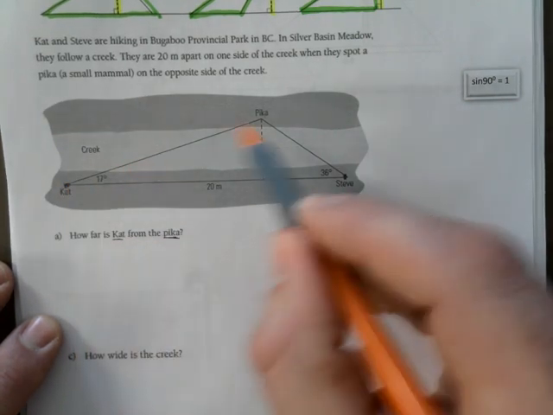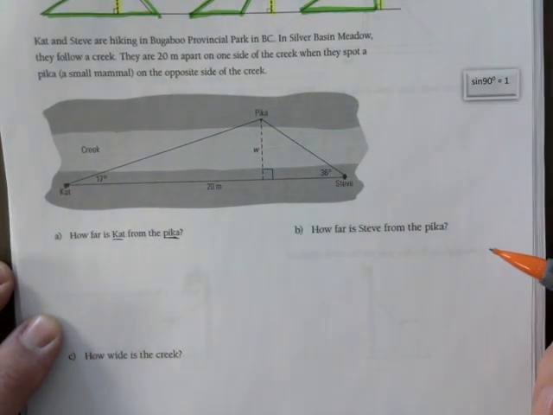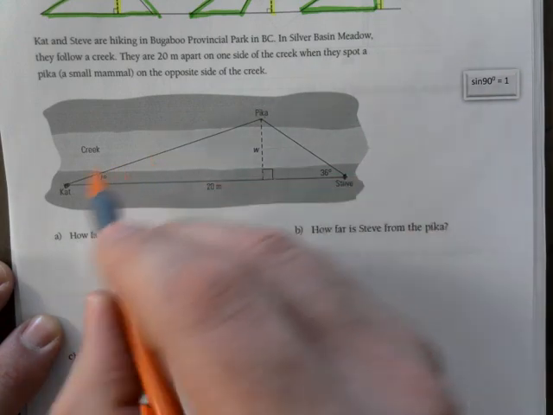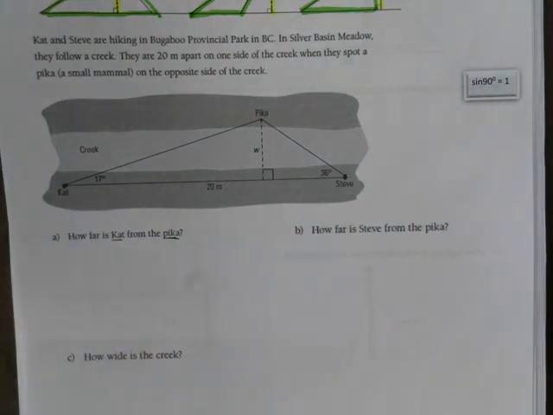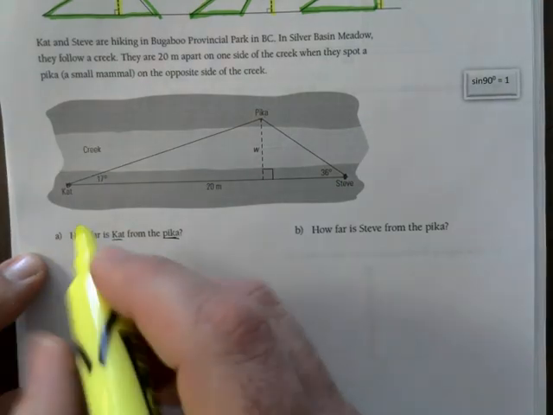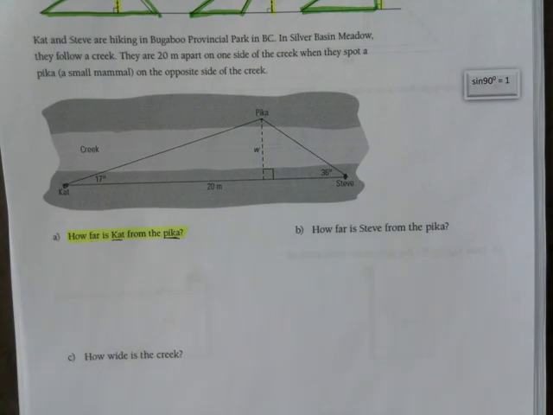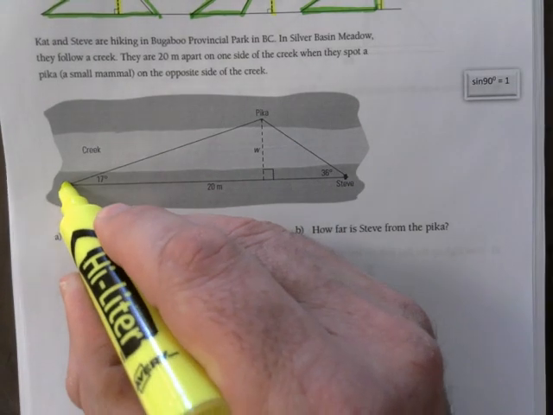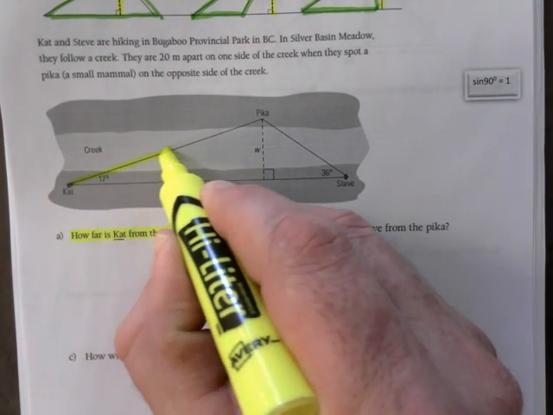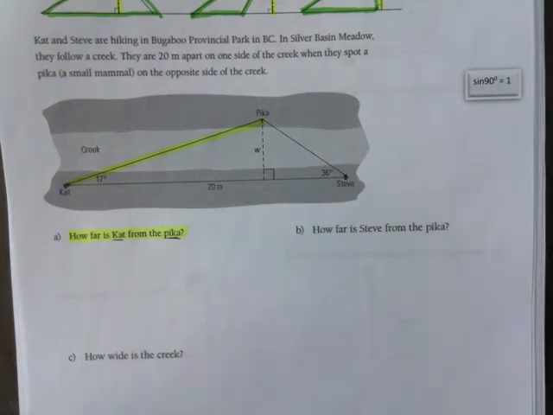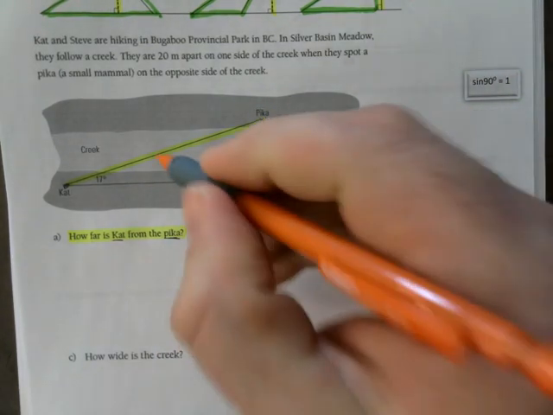So Kat is here, pika is there. If you look at this question here, which side are they asking for? It's very clearly stated here. This is the distance they're after. Okay? And so I'm going to call that x.